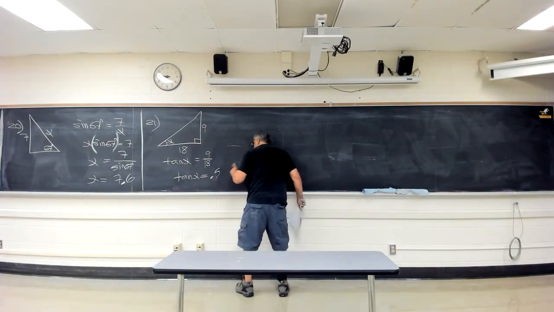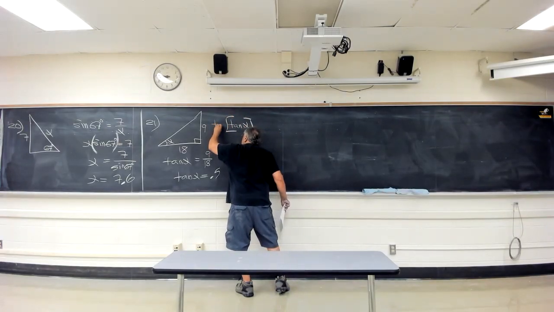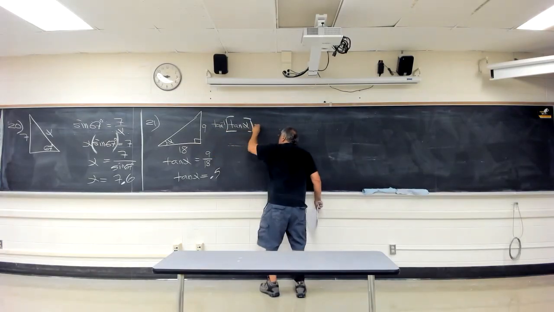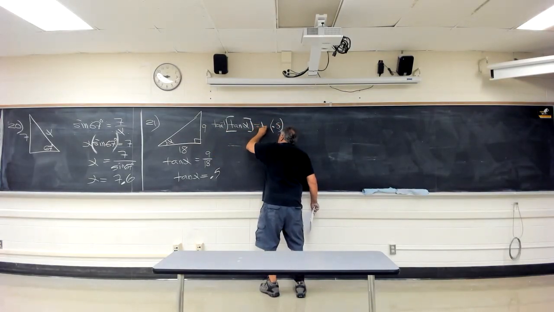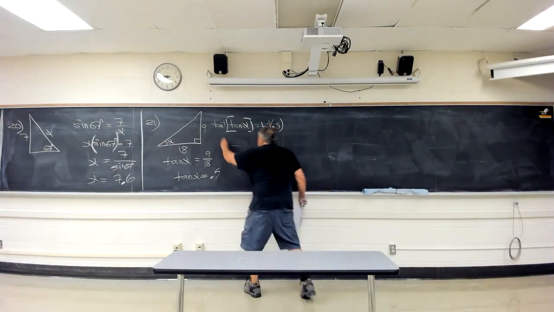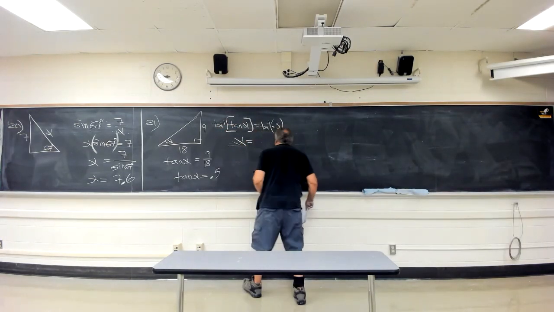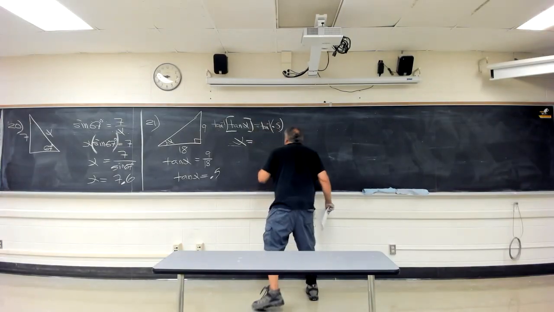If you want to find out what x is, you get the inverse tangent of the tangent. I got 0.5 here. I'm going to get the inverse tangent of the tangent. The inverse tangent of the tangent of x is x. The inverse tangent of 0.5, I don't know.